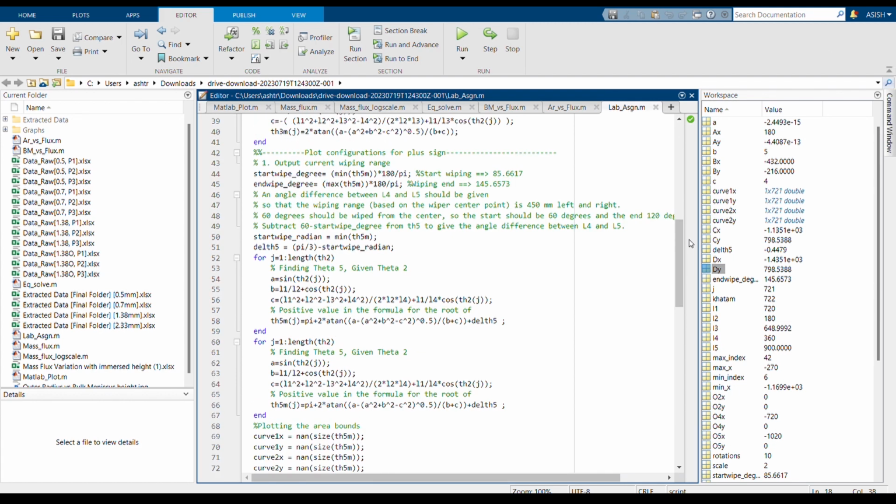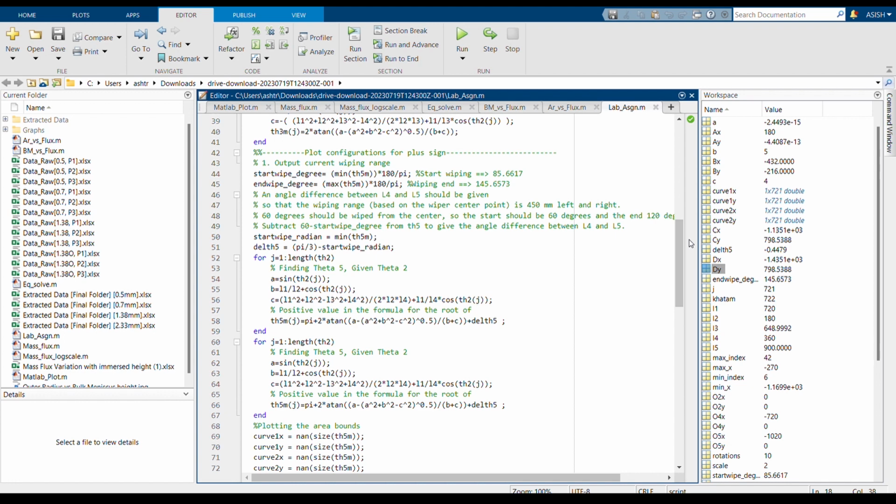This is the final part of the code, in which we have written the code for plotting and visualization of the wiper mechanism. First of all, for plotting the mechanism configurations, we have used MATLAB plotting functions to visualize the configurations of the wiper mechanism at different points of time.